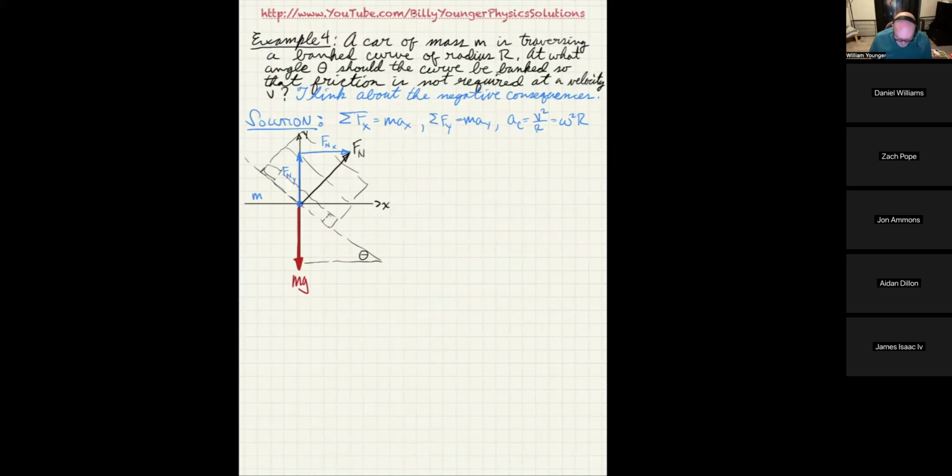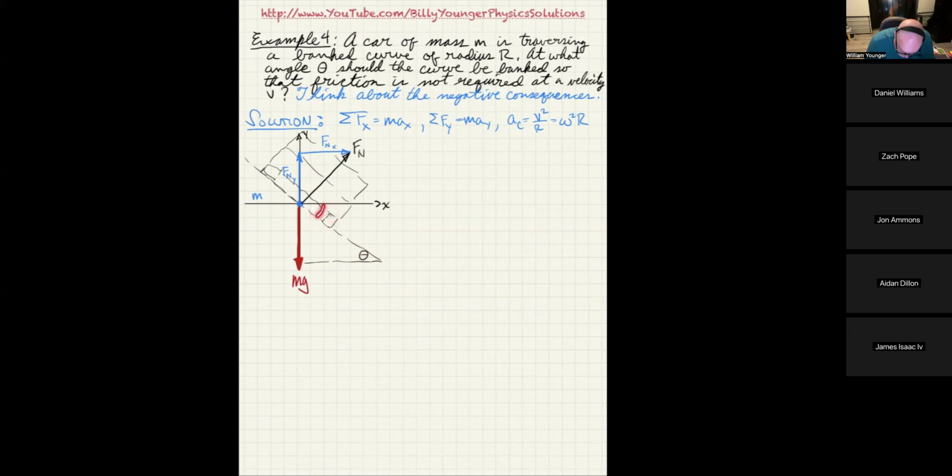Now, here's the hard part. What I've got to realize here is this forms a right triangle. So this angle theta means this angle is 90 minus theta. Since that's 90 minus theta, this one has to be theta.